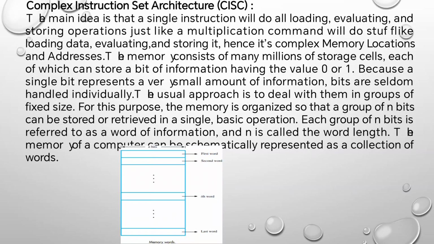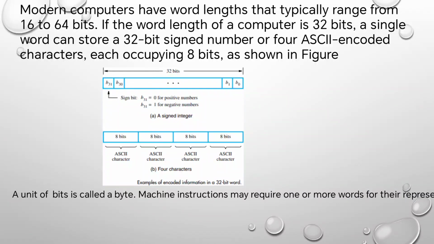The memory of a computer can be schematically represented as a collection of words. Modern computers have word lengths that typically range from 16 to 64 bits. If the word length of a computer is 32 bits, a word can store a 32-bit signed number or 4 ASCII encoded characters, each occupying 8 bits, as shown in the figure: the signed integer as well as 4 characters.